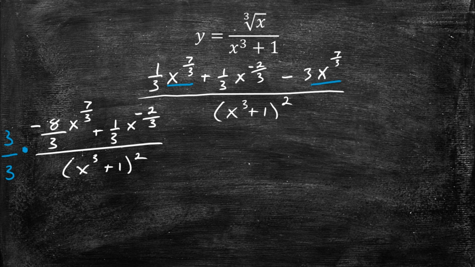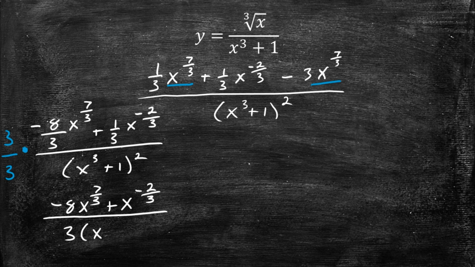So what we get here is negative 8x to the 7/3 plus x to the negative 2/3, all divided by 3 times x cubed plus 1 squared. So that 3 came because of that.